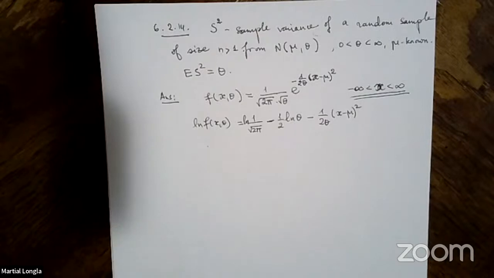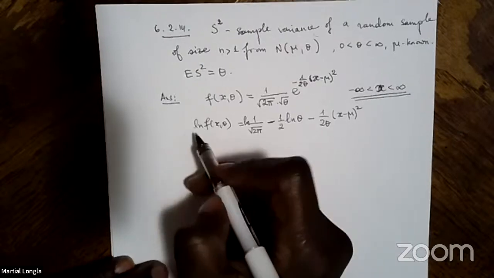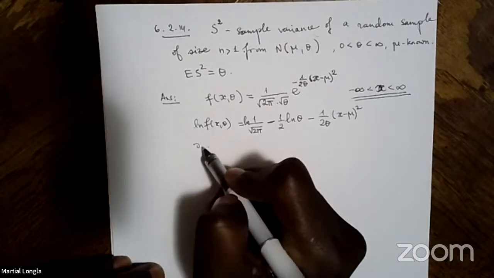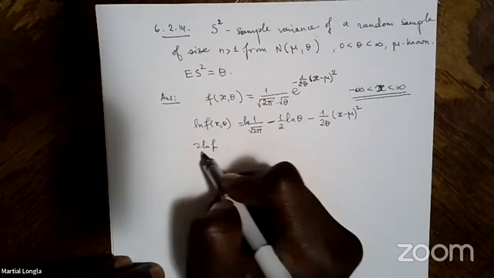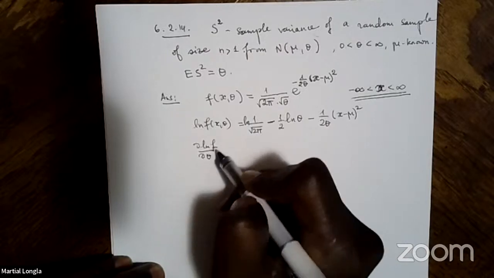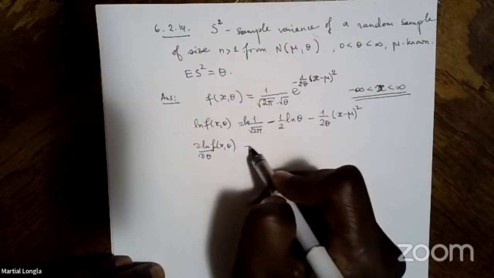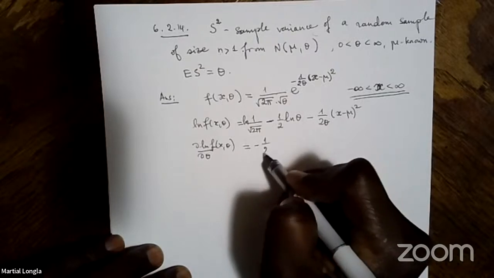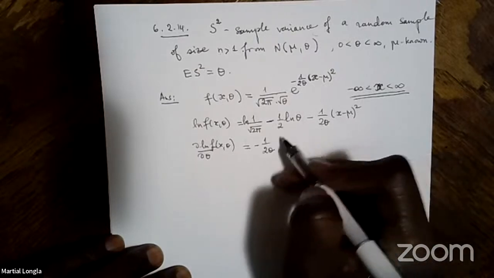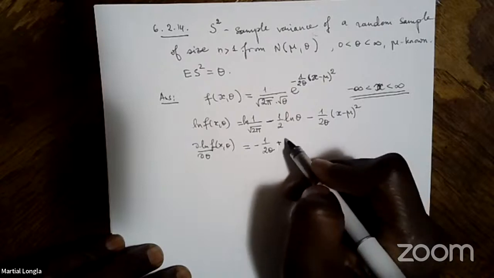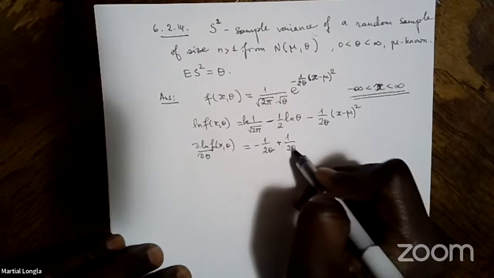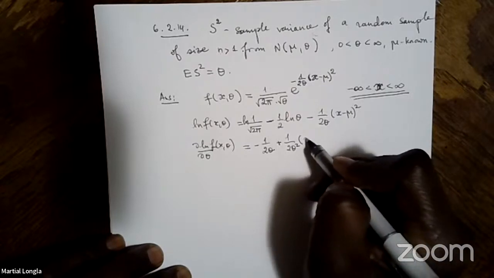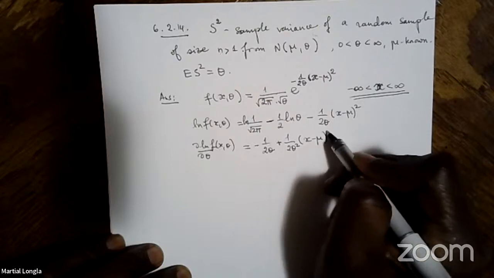So this is it. And so you can take the derivative, d ln of f over d theta. What is this equal to? This is minus 1 over 2 theta, and the derivative here is turning into plus 1 over 2 theta squared times x minus mu squared.